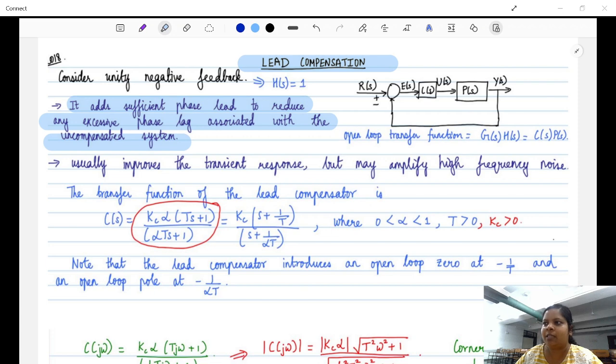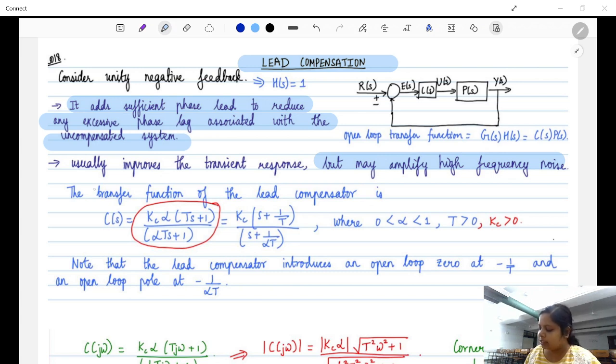If you have some phase lag and you are really close to minus 180 degrees, you might be reaching the verge of instability. The amount of lead you have helps in staying away from instability. That is what the lead compensator does. It gives you phase lead to deal with the phase lag. It can amplify the high frequency noise. We'll see shortly why this happens.